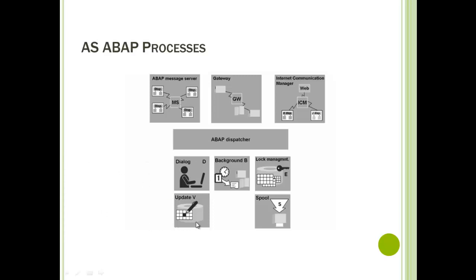Okay, next one is background, represented as B. It's a background work process. The background work process executes programs that run without interaction with the users. Meaning to say, let's say I have a program which I want to run every day, which will give me some result.